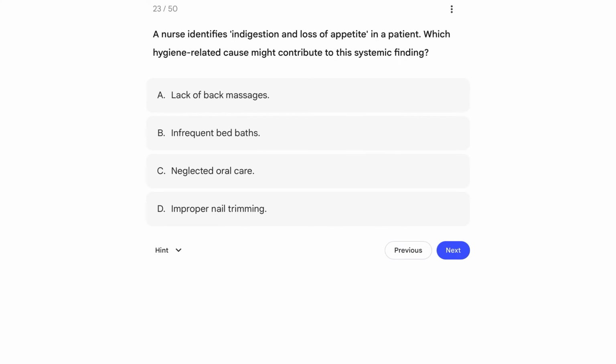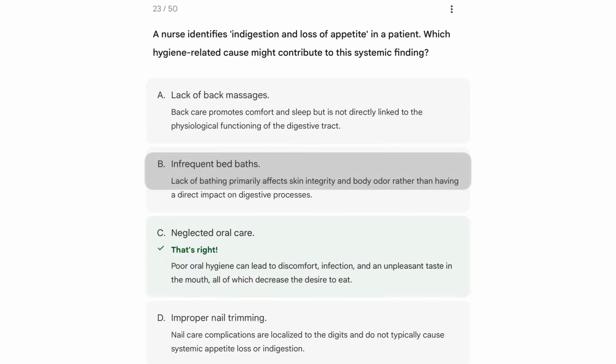Or does improper nail trimming make the patient get indigestion? Which one is the answer? Option A, B, C, D. Which one? C. Okay, we will see.